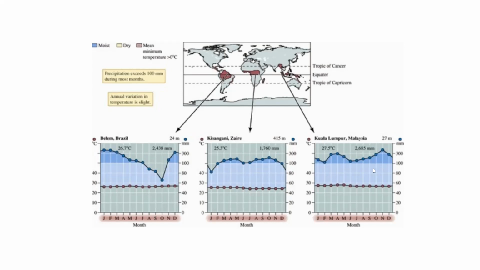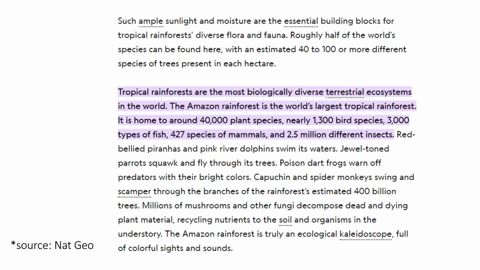And then they have different levels of precipitation throughout the year. Malaysia and Brazil are fairly even overall, even though there's a bit of a difference in how they get that rain. Zaire is a little lower, but they all have pretty constant, pretty extreme precipitation. So that's why we're going to consider all of these to be in that tropical rainforest class.